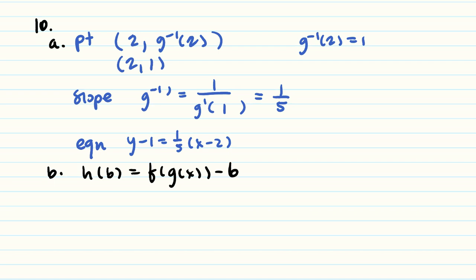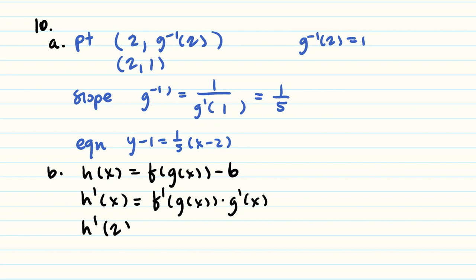But anyway, h prime of 2, wait, h of x. So h prime of x is going to be f prime of g of x multiplied by g prime of x minus 0. 6 is just 0. So h prime of 2 is going to be f prime of g of 2 times g prime of 2.